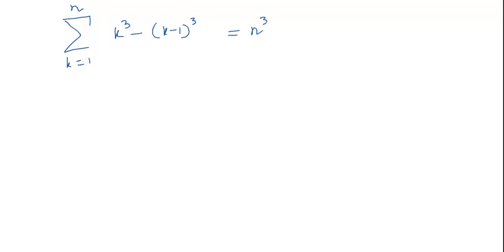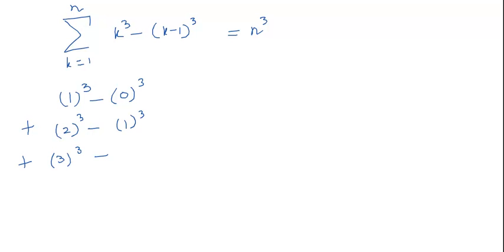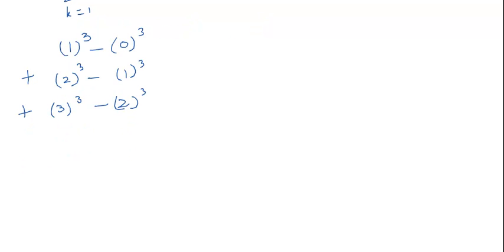If we write the summation, we will be getting 1 cube minus 0 cube plus 2 cube minus 1 cube plus 3 cube minus 2 cube. I am writing in this fashion so that we can link it with the statement 1's explanation and cancel out the terms vertically.